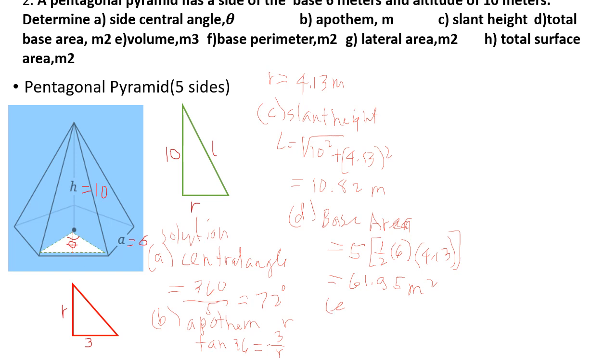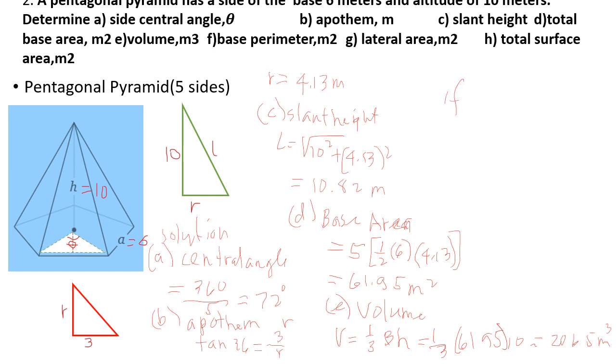For letter E, volume. V equals 1/3 BH, equals 1/3 times 61.95 times 10, equivalent to 206.5 cubic meters.